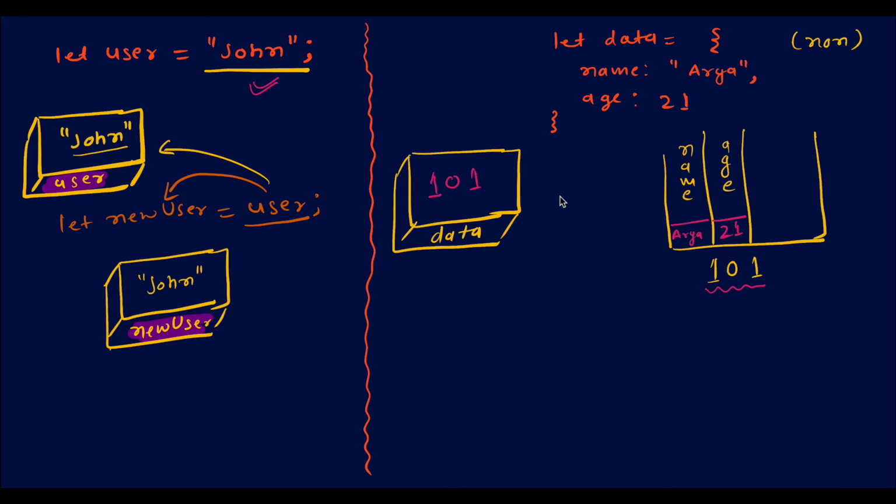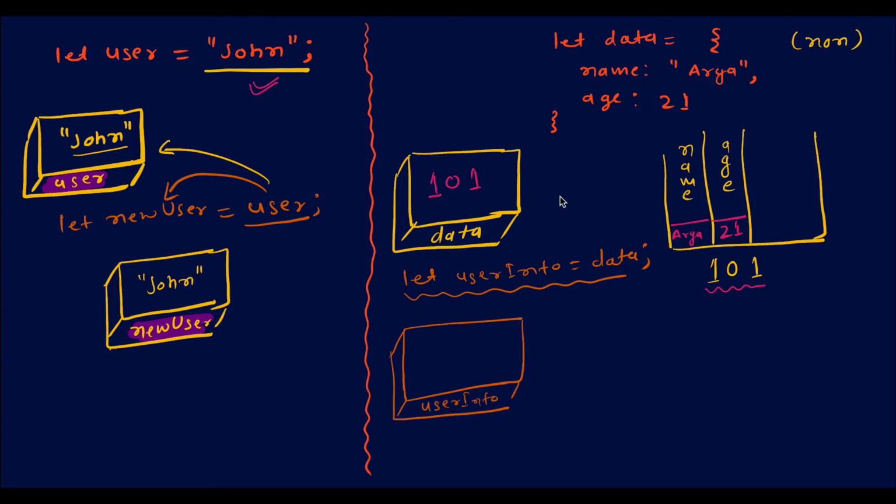Let's move on to the non-primitive data type and try to copy this and see how this will work. What if I go ahead and say let user info is equal to data? As soon as we do this, a new box will be created and the name of the box will be user info. And the value of the box will be whatever is the value of data. To know the value of data, we will go inside the data variable, and we'll see that the value we find here is 101.